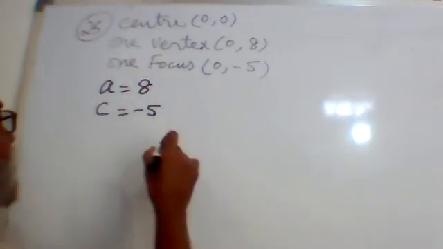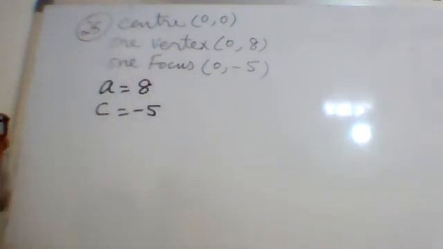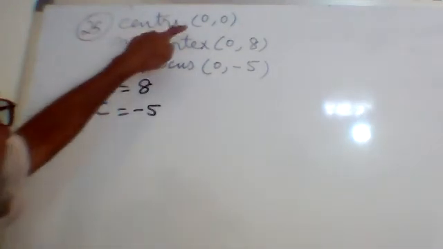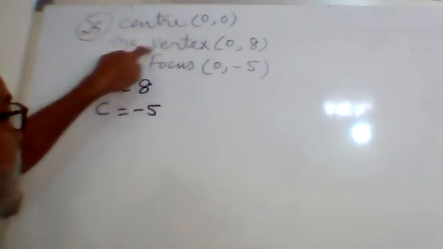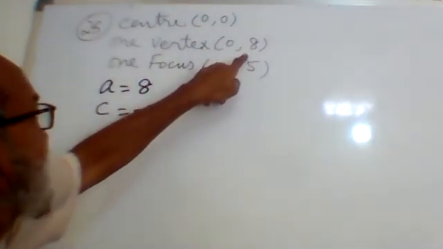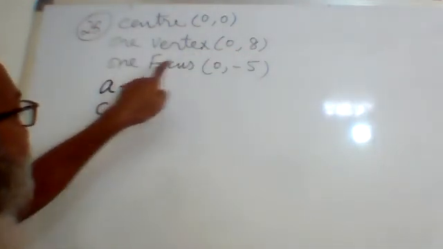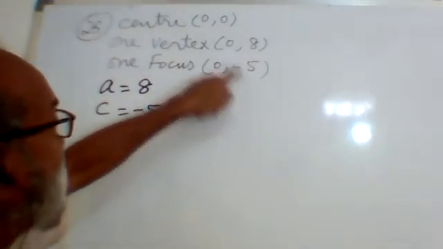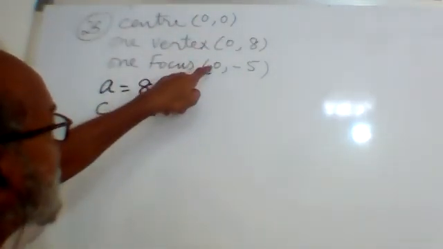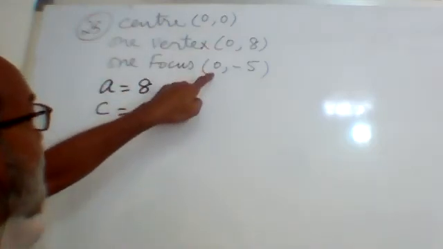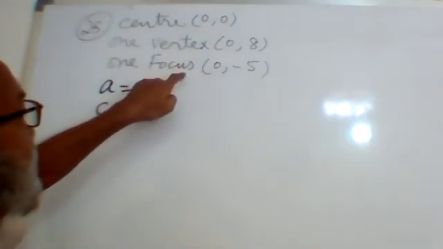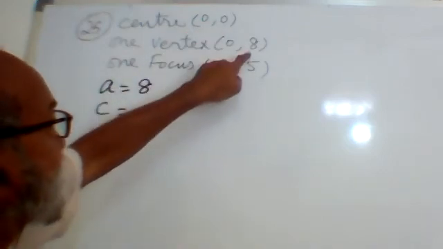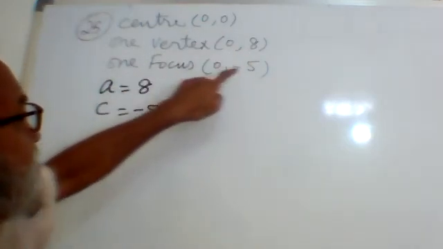So A we will find, and the axis. Center is at origin, vertex is at the y coordinate, and focus is also at the y coordinate. The x coordinate remains as it is in the vertex and the focus, as the center. This is 0, this is 8. So A will become 8, C will become minus 5.